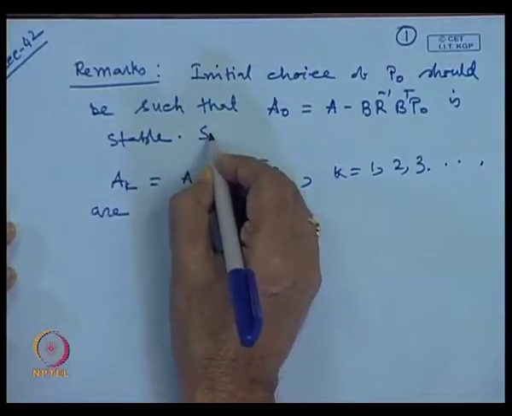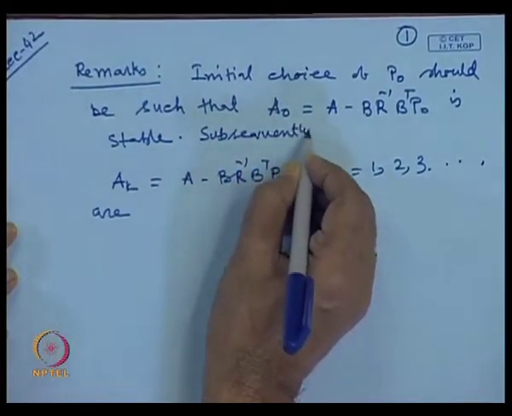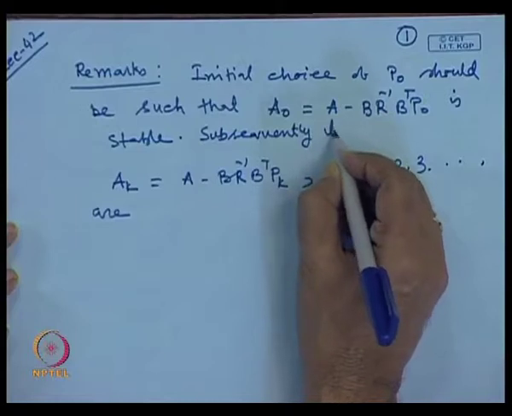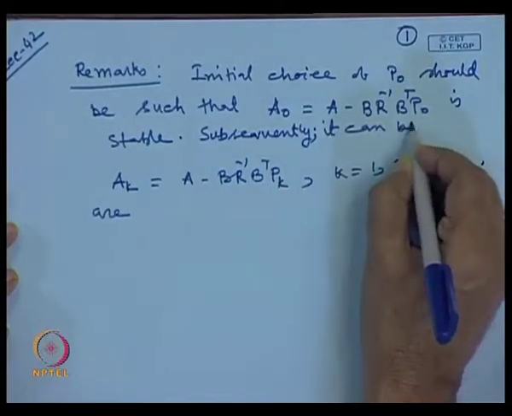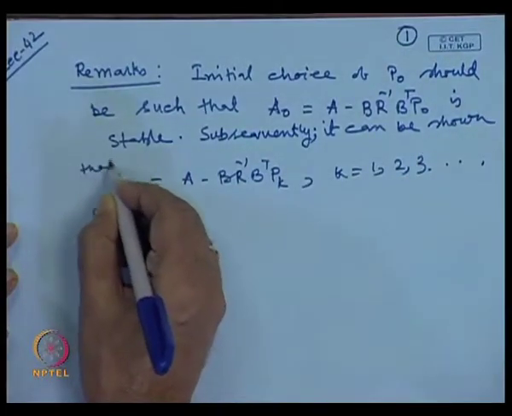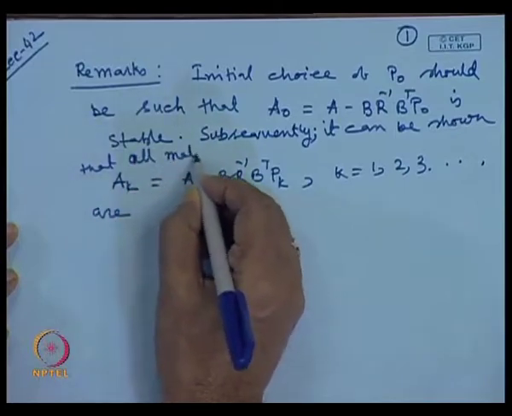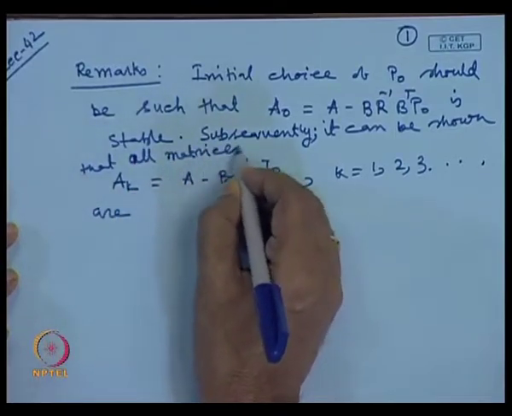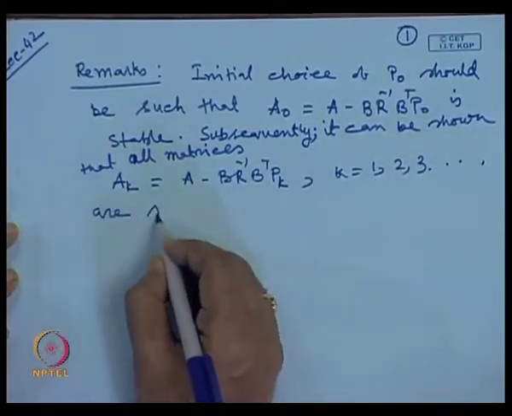Subsequently, it can be shown that all the matrices A k, for k equal to 1, 2, 3 and so on, are stable.